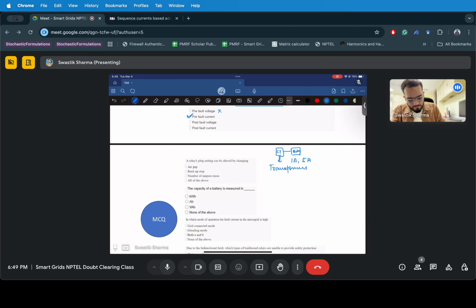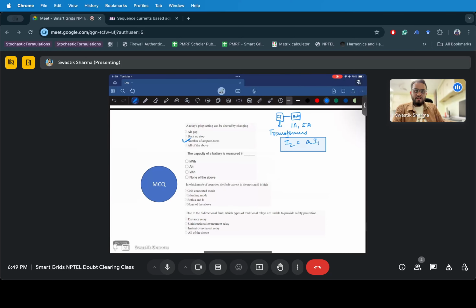I2 is A times I1. So if you change A, you are in effect changing the current you experience at the secondary side. So the correct answer is number of ampere turns.